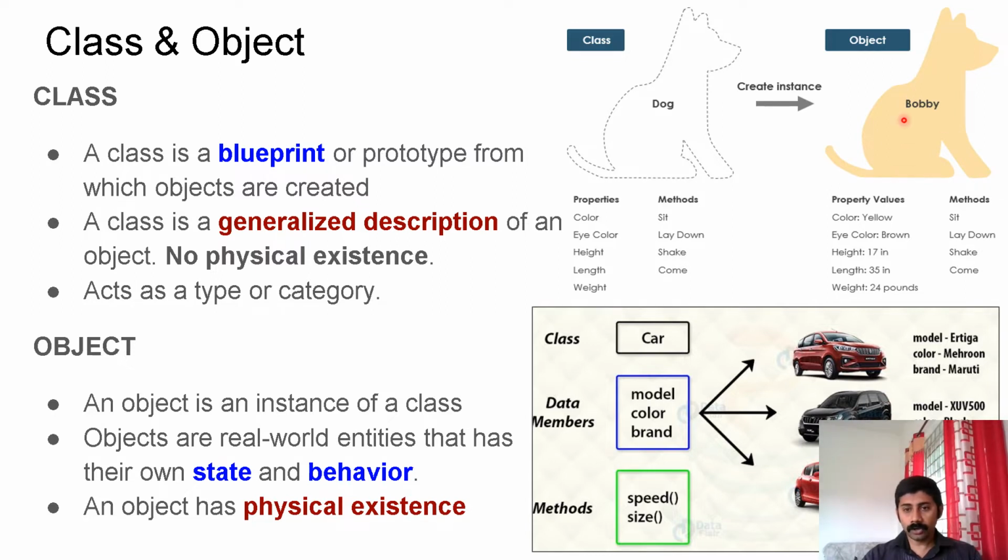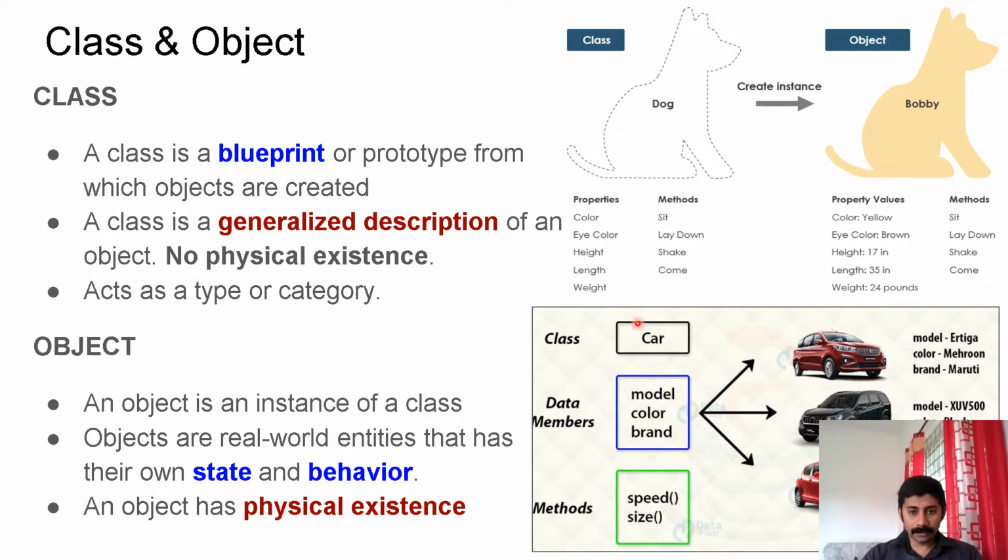This dog Bobby has its own properties, like a particular yellow color, and eye color is brown. It has its own details and its own behavior. That's what we are telling. Class is a generalized description which does not have any physical existence, whereas object is an instance of the class. Object is a physically existing thing.